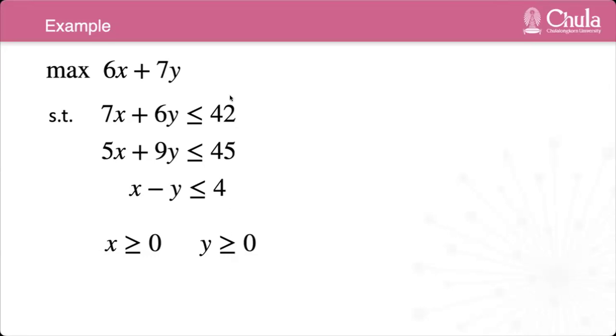All you have to do is, first, we add a slack variable. Add S1 here, and then this relationship becomes equal. We add S2 here, and it becomes equal. Here also plus S3 and then equal 4, okay? Good.